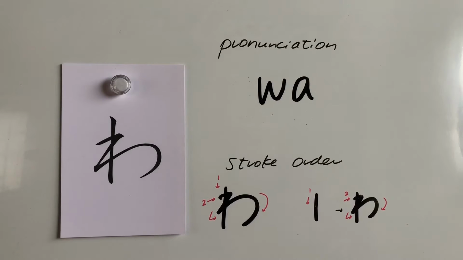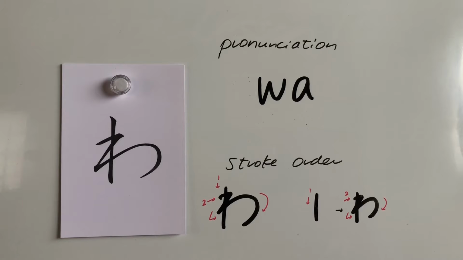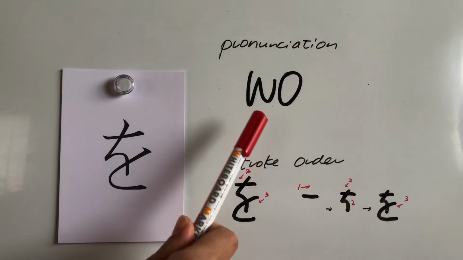Alright, so the first one is wa. Okay, and we start from this line. 1, 2. And the second one is wo.